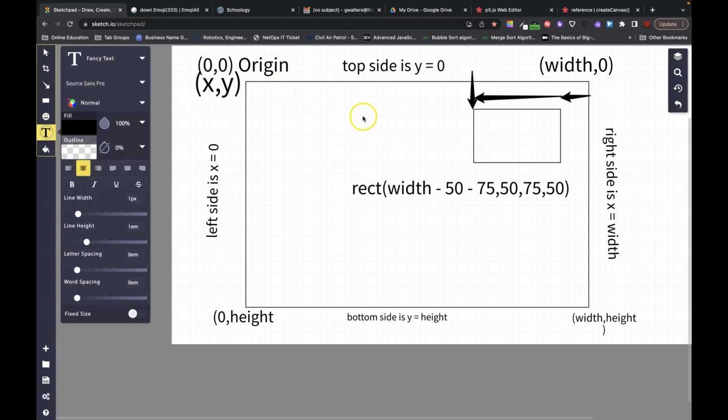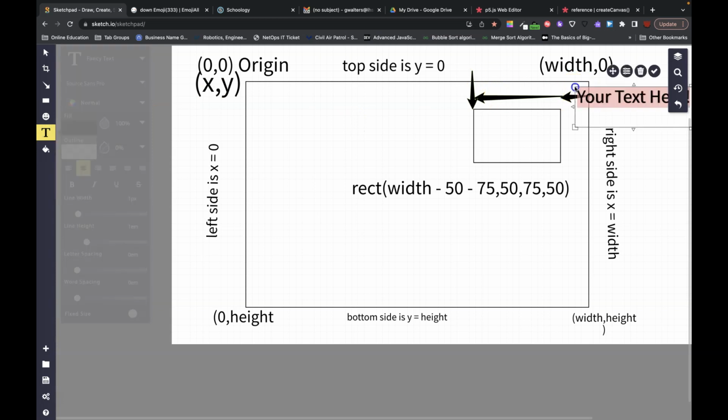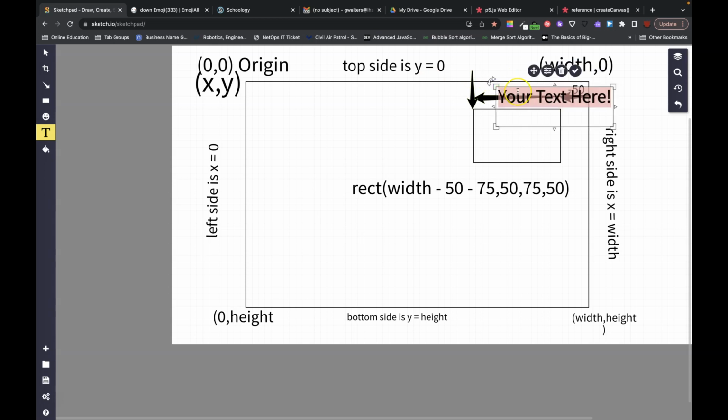Okay, but right now we understand that this is minus 50 from the width, and that's how we are able to move it over there. And we are minus 75 from wherever that position was.